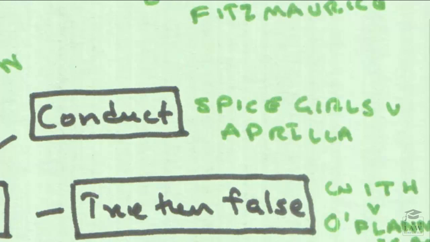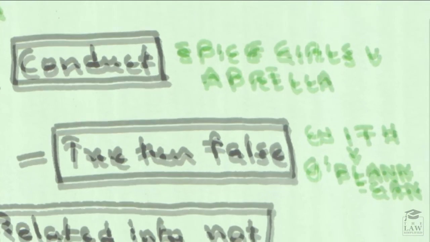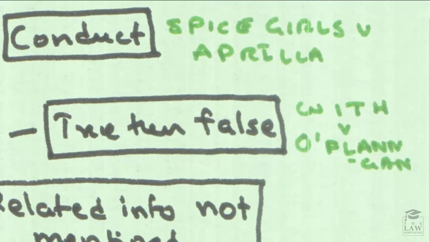It related to a circumstance where conduct was considered by the court as enough of a representation in relation to misrepresentation by silence. There are other occasions, as in With and O'Flanagan, where something which was true has now become false and it has not been divulged to the party who is contracting, in this case the claimant.